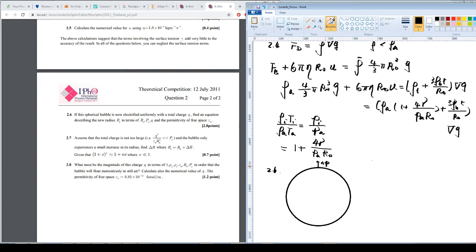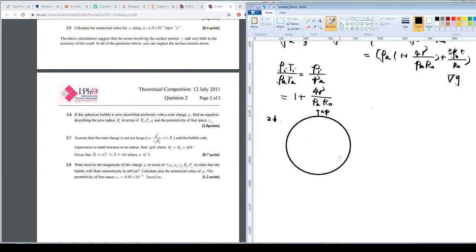We want to approach this by treating the repulsive interaction as an extra pressure from the inside pushing towards the outside.